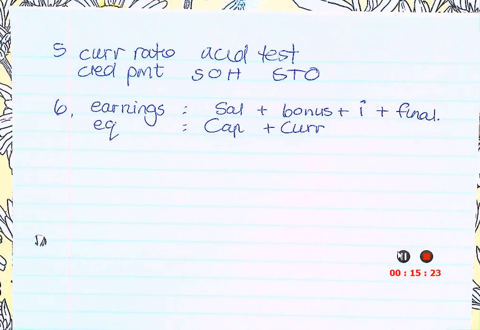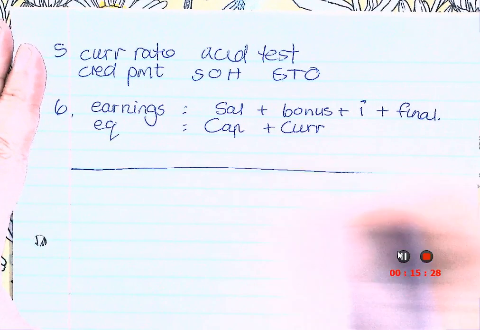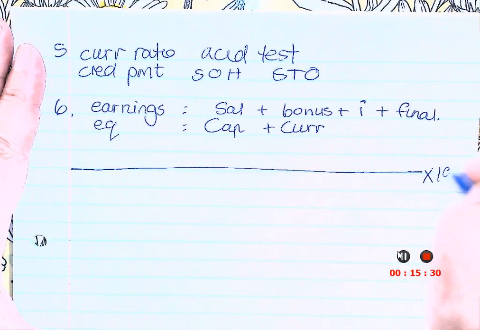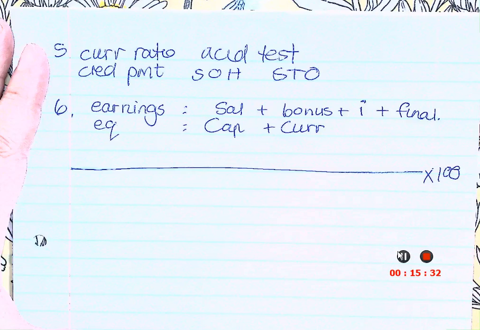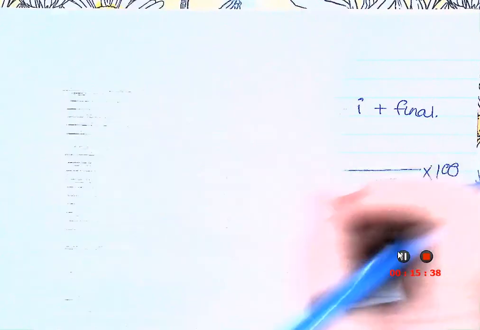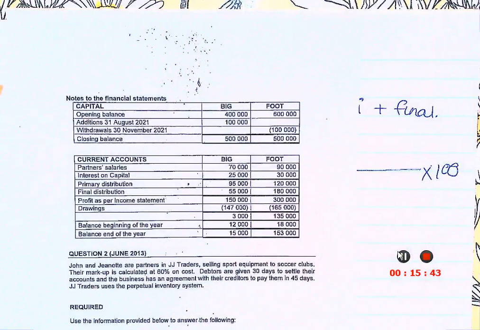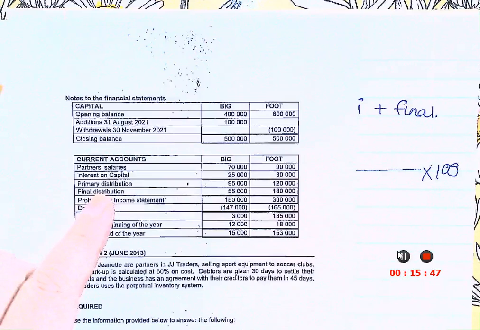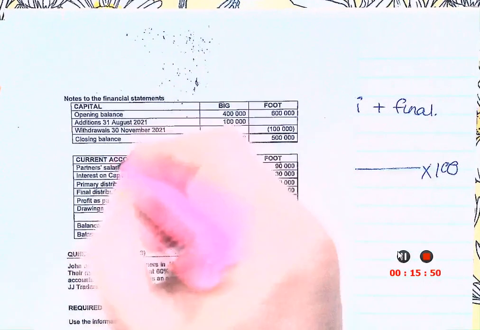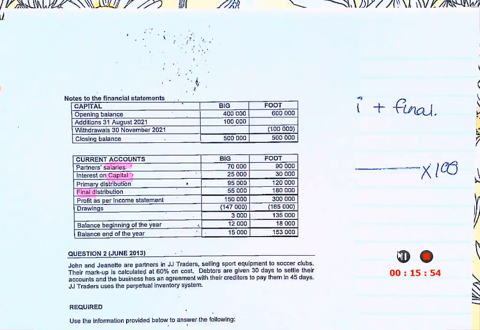So I'm going to do one big line times 100. And on the top I'm going to put the earnings, right? So now let's go look. We are working with foot, right? Now can you see here? They have done it for me already. So my life is good because they've already done salary, capital, final. Obviously in this case he didn't get a bonus.